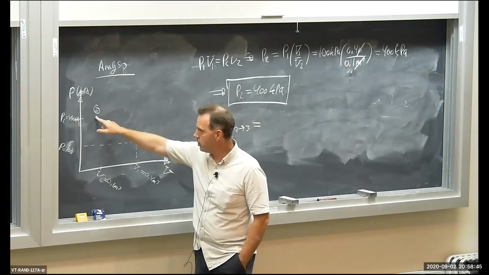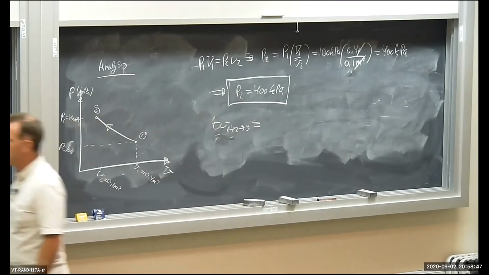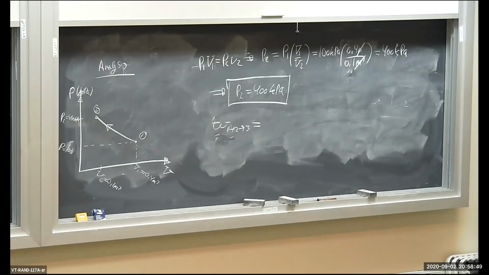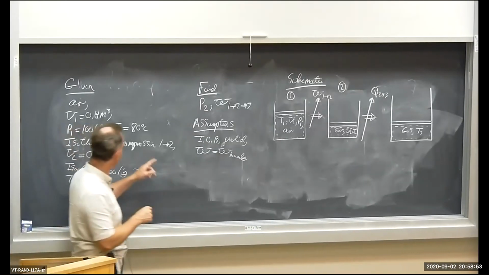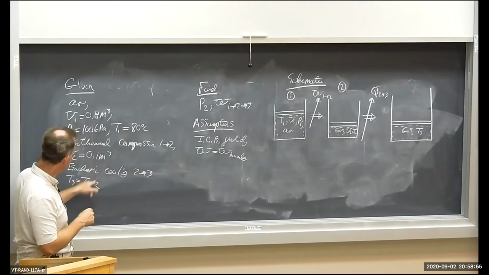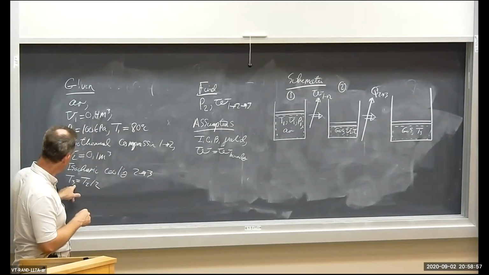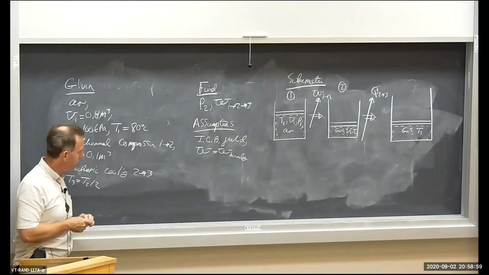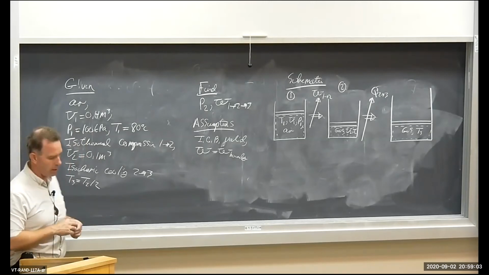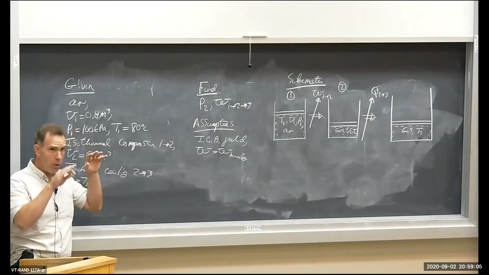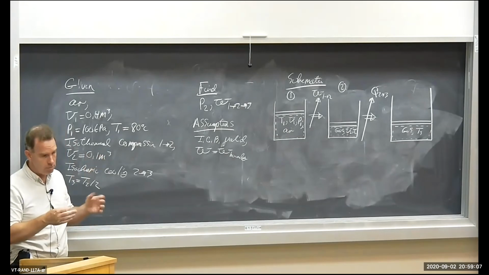Once we get to state 2, it says that we have isochoric compression to a temperature of 1/2 of T2. So we have some sort of a cooling process going on, okay? Now, as you cool it, the pressure is going to fall.